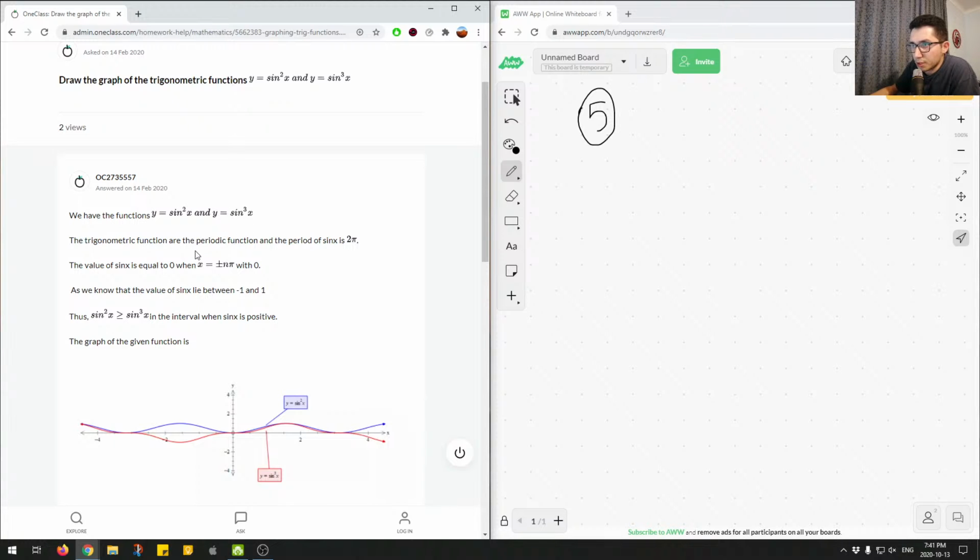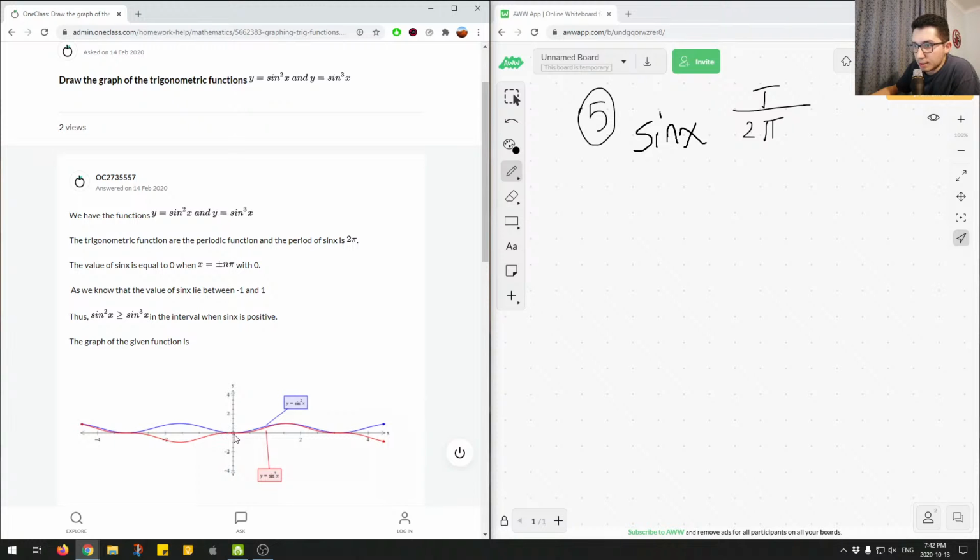The trig functions are periodic functions, and the period of sine x is 2 pi. So for sine x, we'll say the period is 2 pi, represented by T. The value of sine x is equal to 0 when x is equal to plus or minus n times pi.